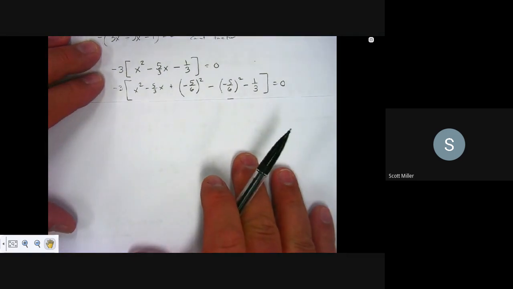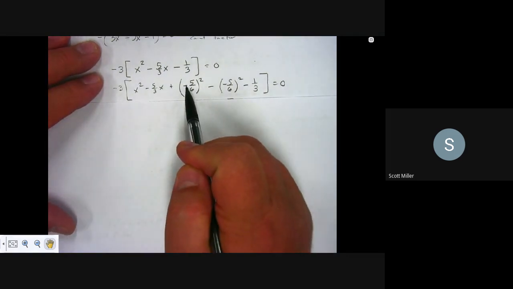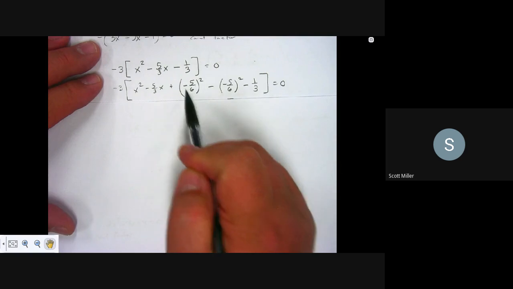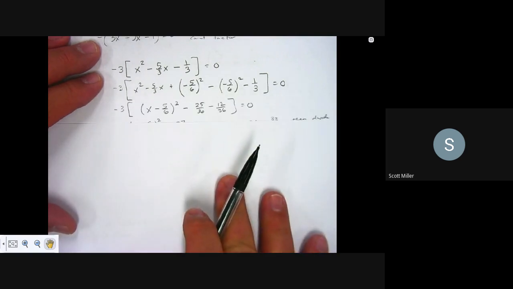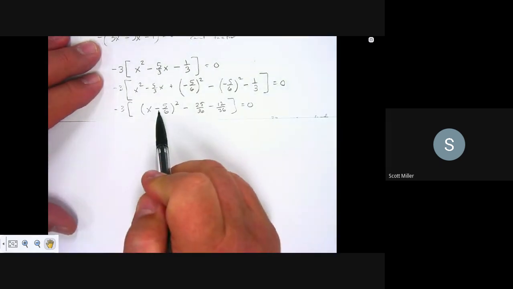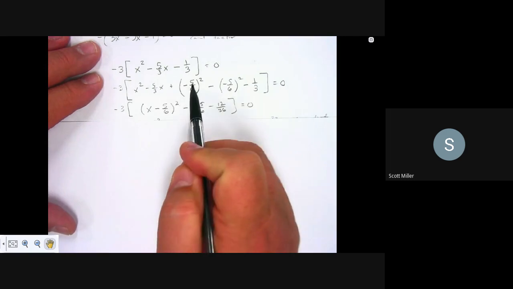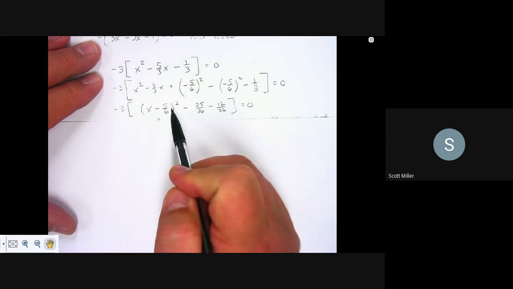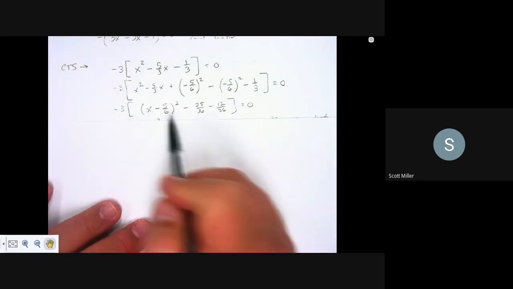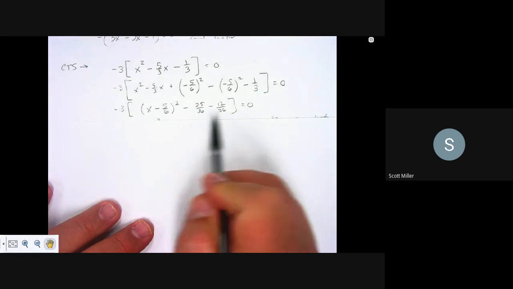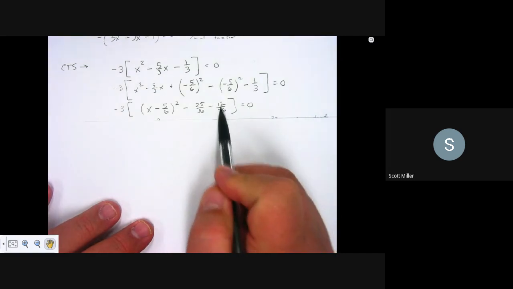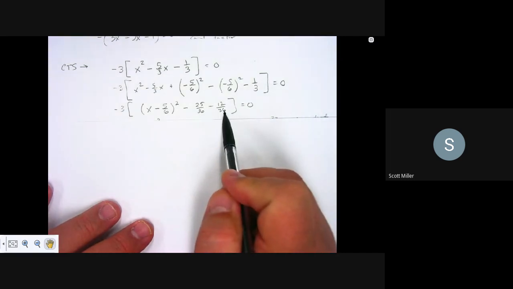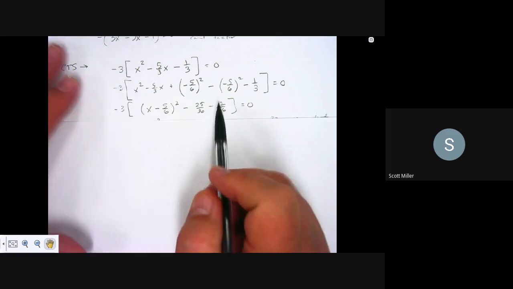The reason why I kept the negative here is because this is the number that goes into the binomial down below, giving us x minus 5/6. So that number just comes down into here. Everything else is the same. I cleaned this number up, found a common denominator, and made 1/3 into 12/36, so that I can combine those easily.